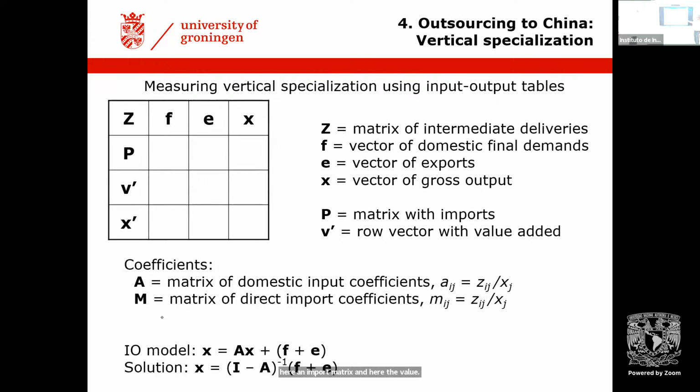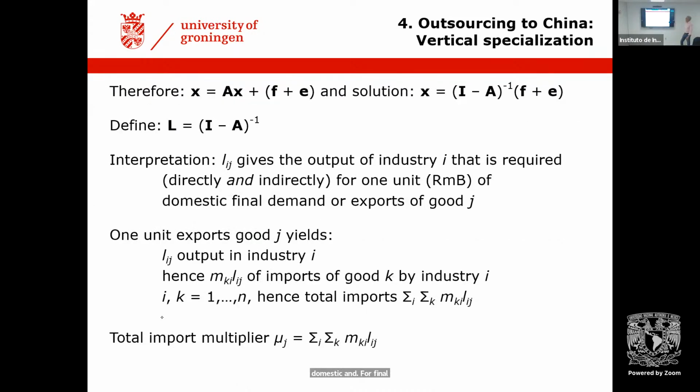Calculate the domestic input coefficients A, import coefficients, and we have the model X equals AX plus the final demand, all final demands, so domestic and foreign final demands. We have the Leontief inverse. Now it's denoted by L.